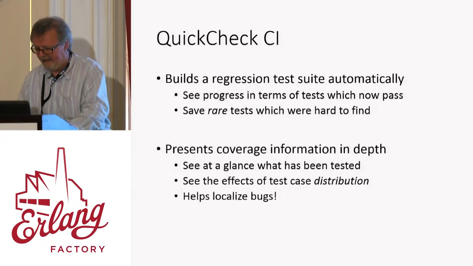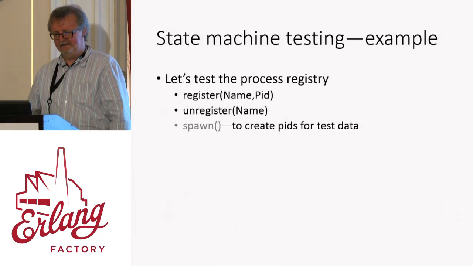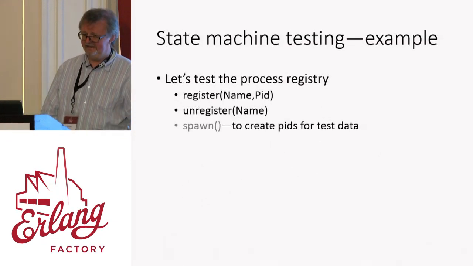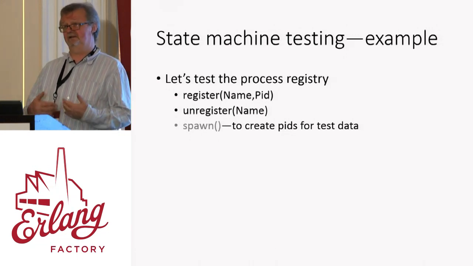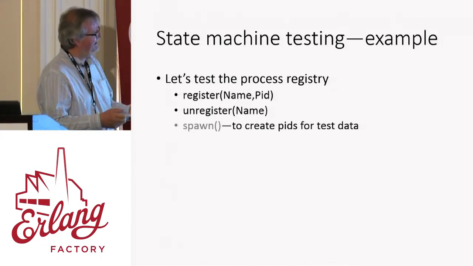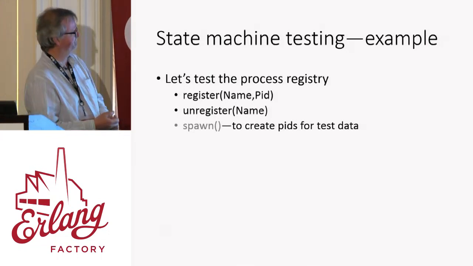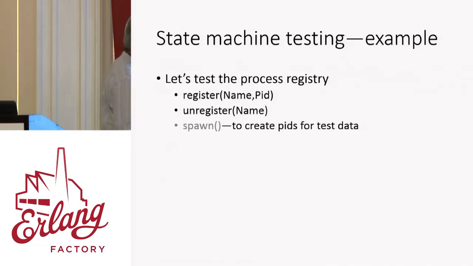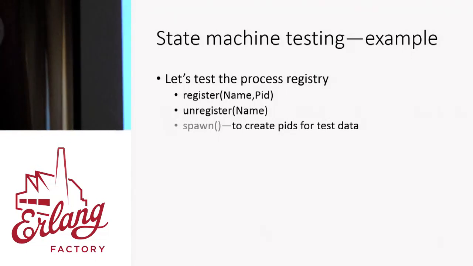All right. I also want to show you some more interesting testing, a more interesting example: state machine testing, which is fundamental to a lot of the real testing that we do with QuickCheck. But I'm again going to use a very simple example, the process registry. So I'm going to test two operations, the register operation and the unregister operation.